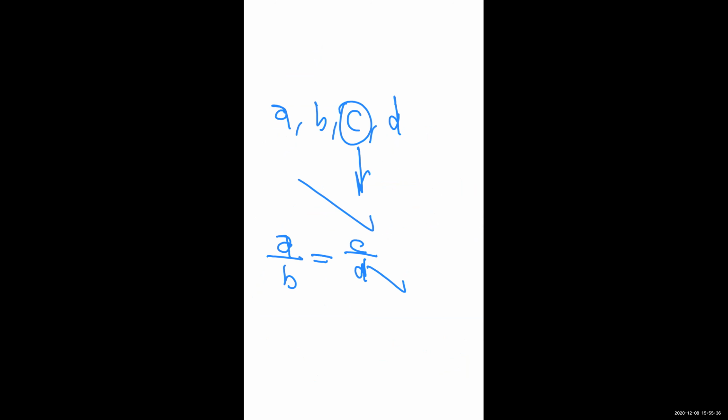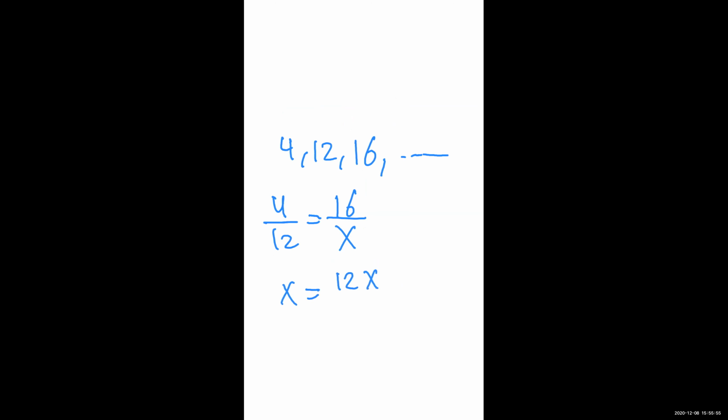So 4 over 12 equals 16 over x. Now x will equal 12 times 16 over 4. I will simplify 4 with 16, so 4 times 12, 48. So the fourth proportional is 48.